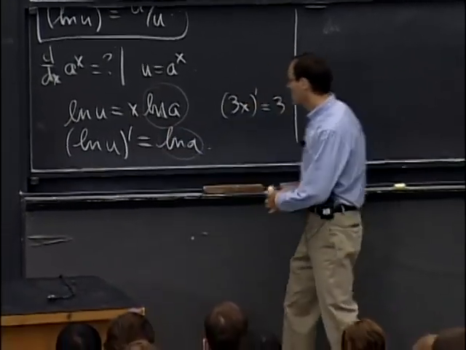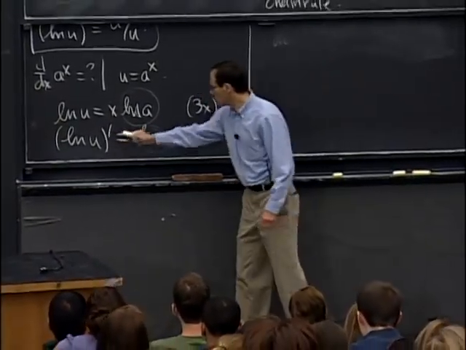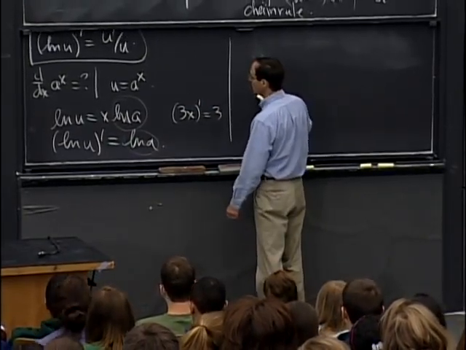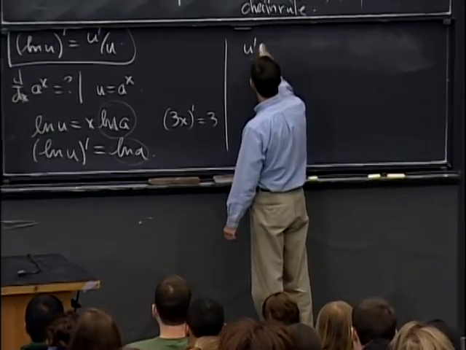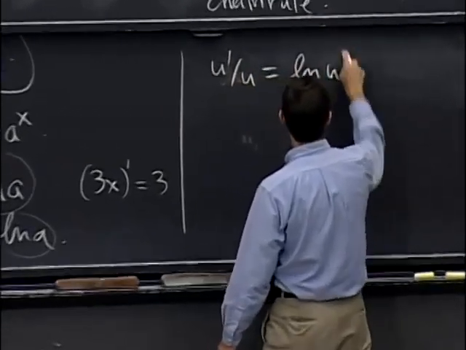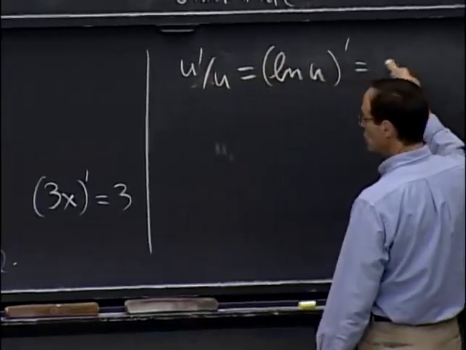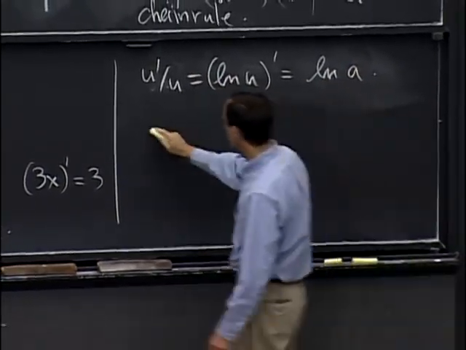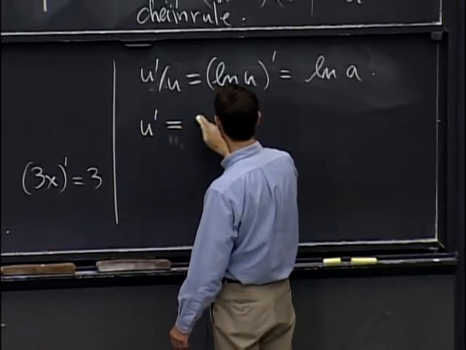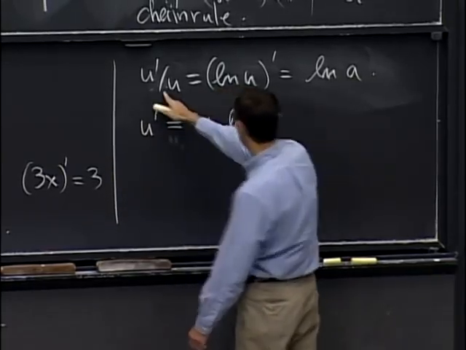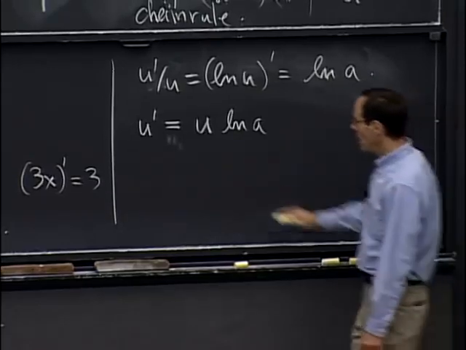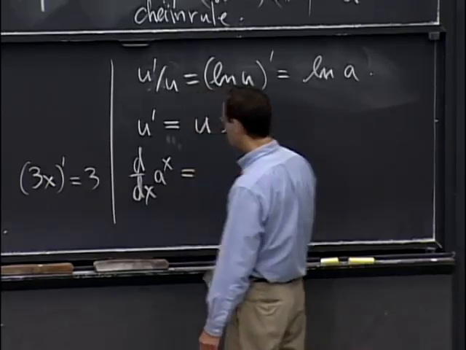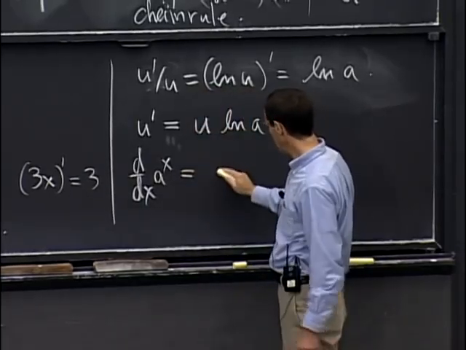All right, so there's our formula that is the derivative of the logarithmic derivative is this. But let's just rewrite that. That's the same thing as u prime over u, which is log u prime is equal to log a, right? So this is our differentiation formula. So here we have u prime. u prime is equal to u times log a, if I just multiply through by u. And that's what we wanted. That's d by dx of a to the x is equal to log a.